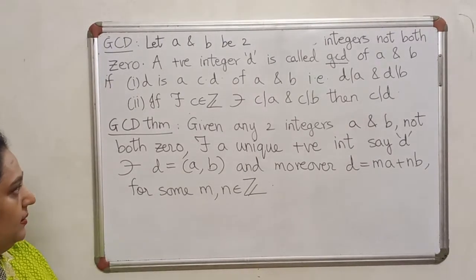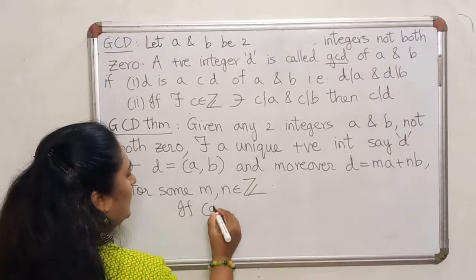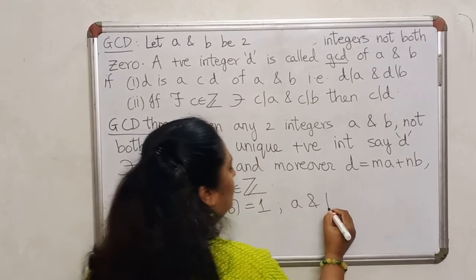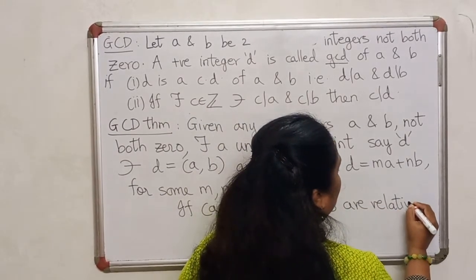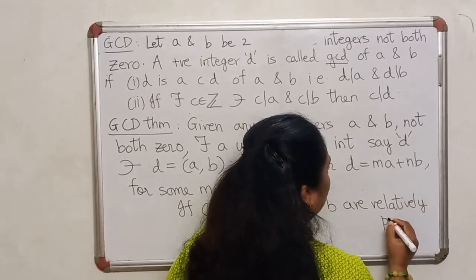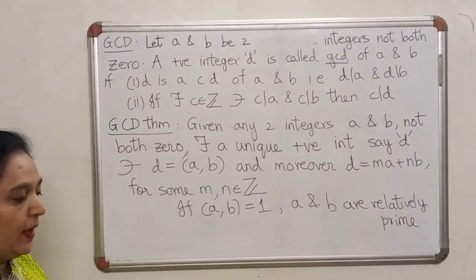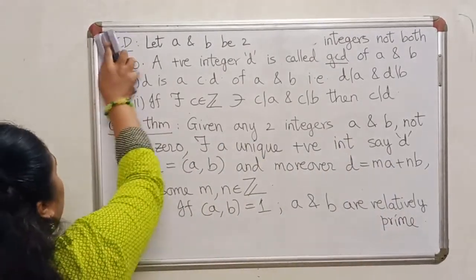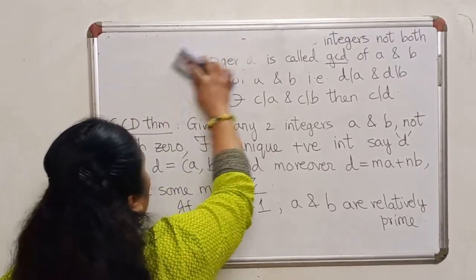But before that, let me just give you one more definition. If the GCD of two integers is 1, then these two integers are said to be relatively prime or co-prime. So if the GCD of two integers is equal to 1, then the two integers are said to be relatively prime or co-prime.